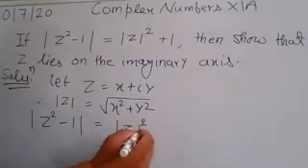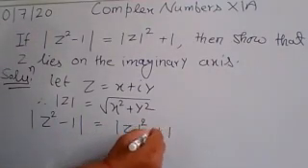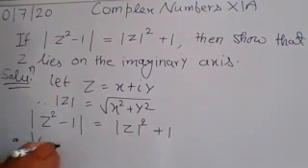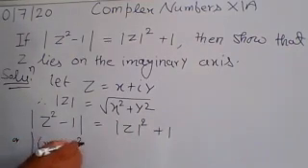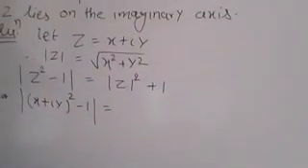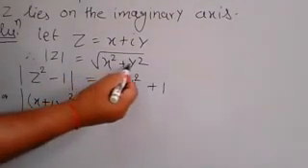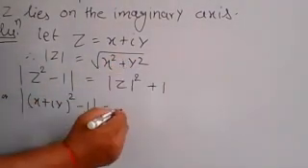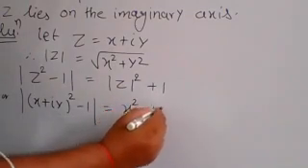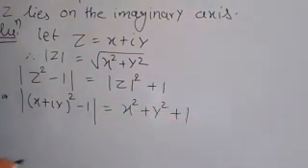plus 1. Now putting its value, here you have mod of x plus iy whole square minus 1 is equal to mod of z whole square, and the value of mod of z is under root x square plus y square. So if you are taking its square, you have x square plus y square plus 1.